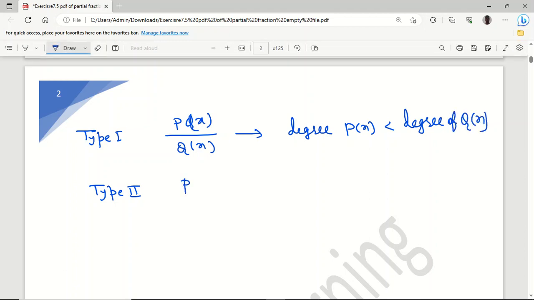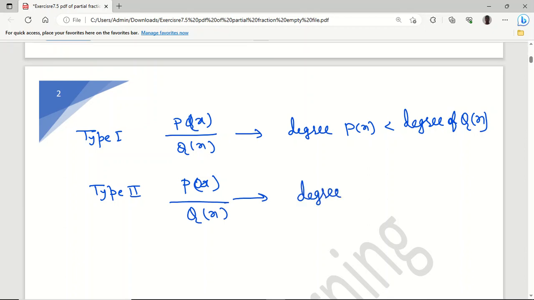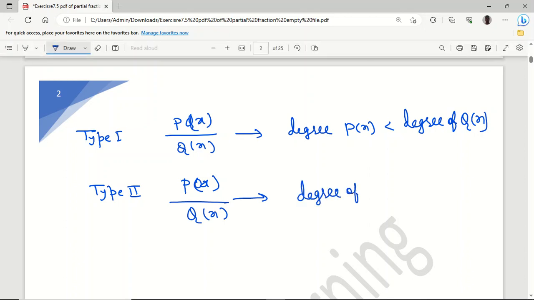And in the second type, the degree of p(x) is greater than or equal to the degree of q(x). So basically these two types of rational function we can get.